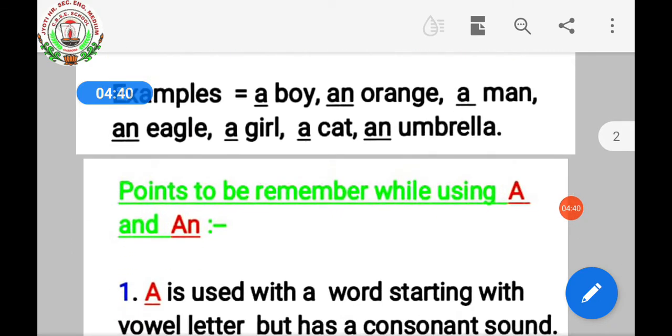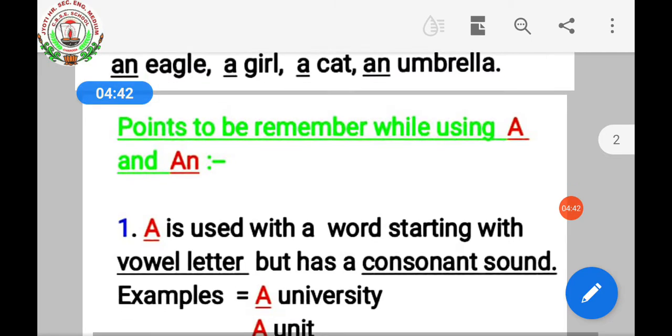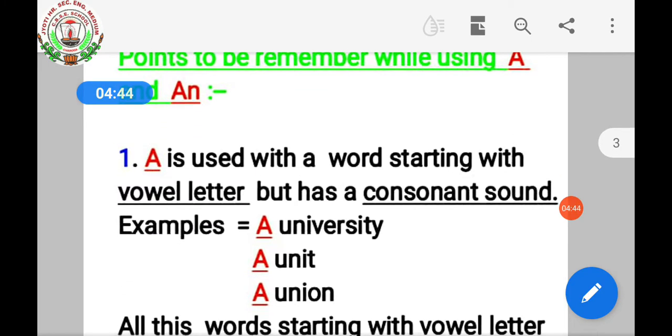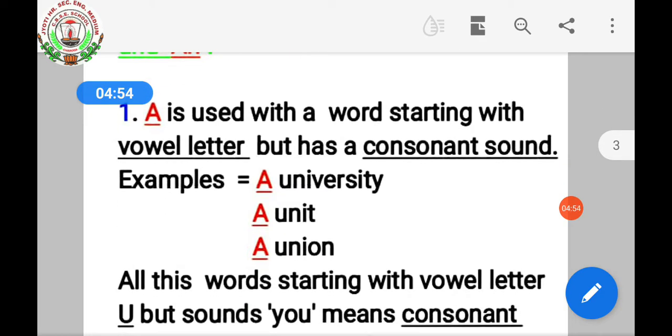Okay. Now, points to be remembered while using a and an. A is used with a word starting with a vowel letter but having a consonant sound. So you have to keep this in your mind. If you see a word whose first letter is a vowel letter, don't simply put an there. You have to pronounce it. What sound is coming?